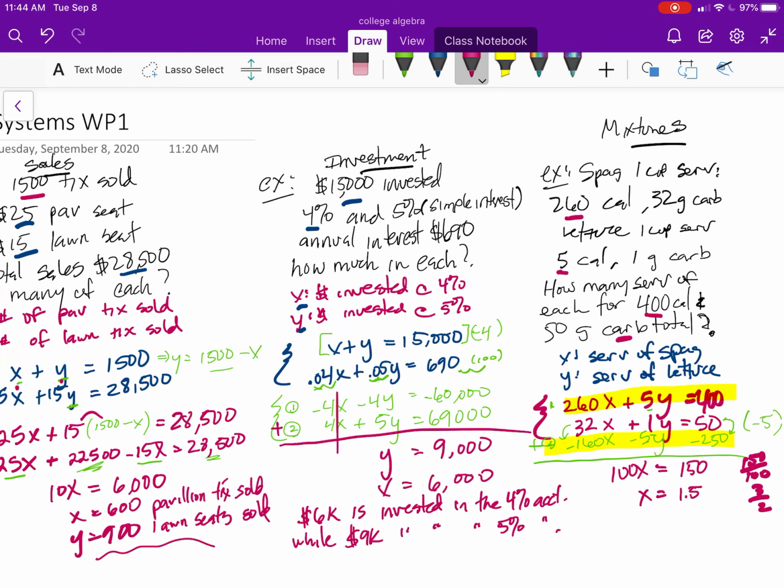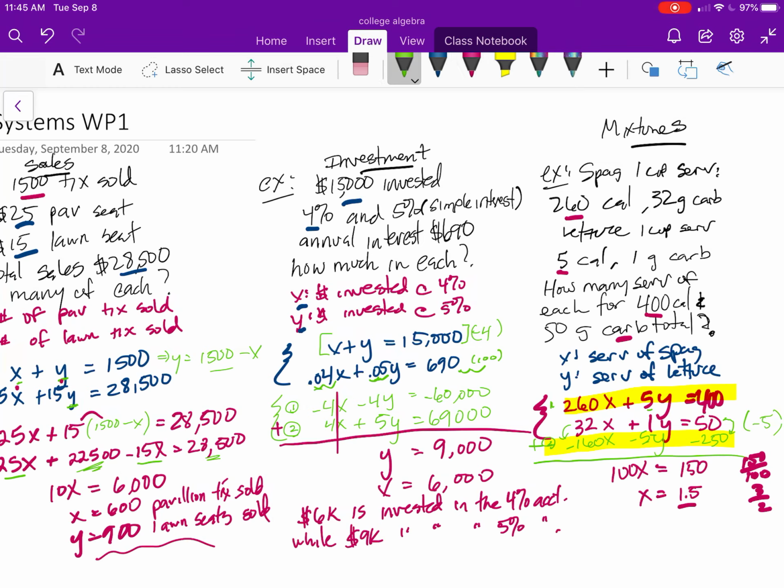But in this question, and most word problems, decimals do make more sense. How many servings of spaghetti did you eat? I ate 3 half servings. That's kind of weird. So we say 1.5 servings. X is the servings of spaghetti. I ate 1.5 servings of spaghetti.